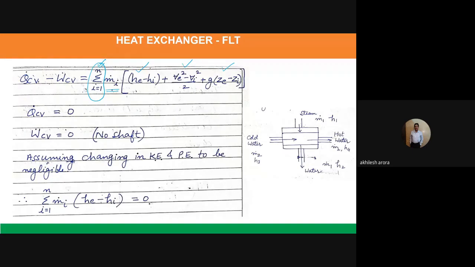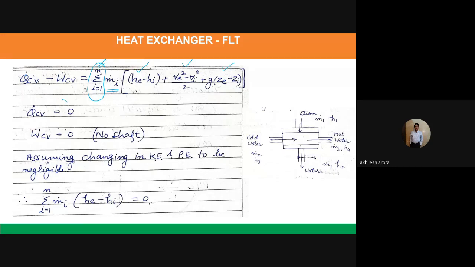Now as I said, in this particular case heat transfer takes place between the fluids only. One fluid is losing heat, whereas the other fluid is gaining heat, and there is no other heat transfer. So we say that the heat entering or leaving the control volume is zero.